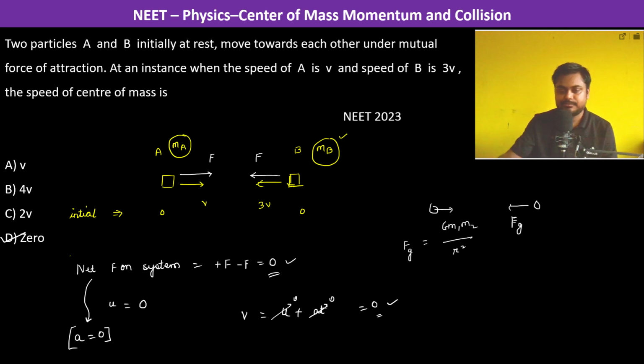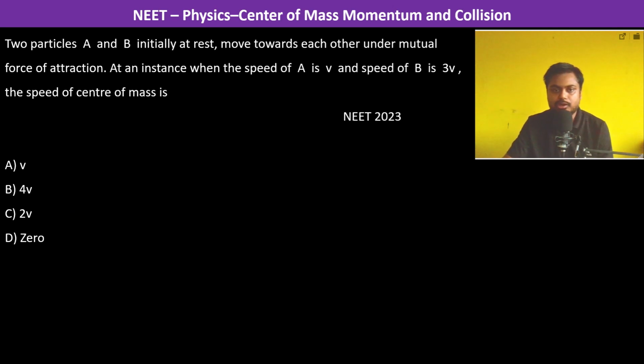The second way is a little longer, but it will work. A is having velocity v, B is having velocity 3v. Initially both were at rest, so this is ma, mb.